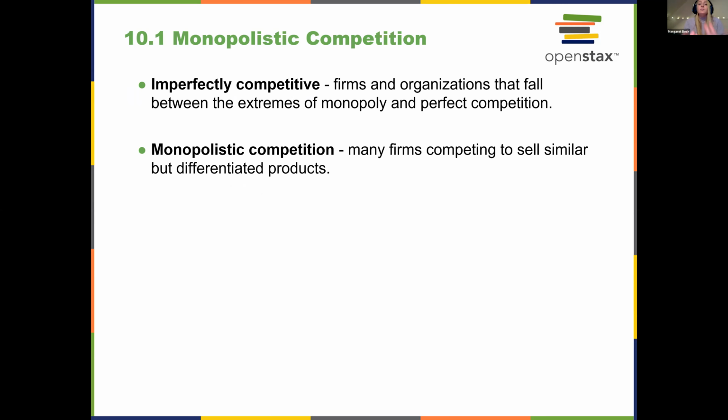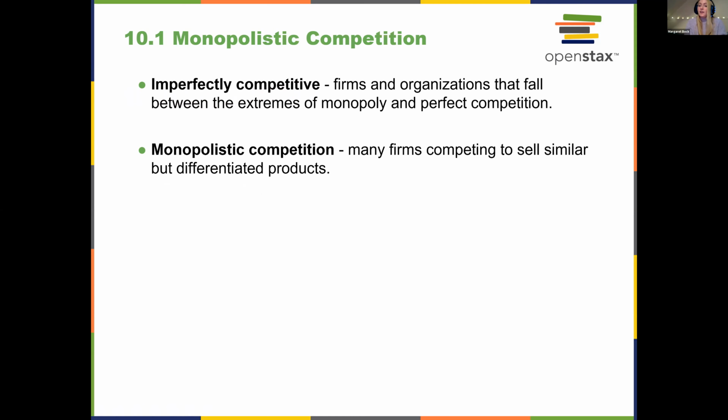But it's important to note again that both of these different types of market structures fall under a category I guess we can define as imperfectly competitive. So firms and organizations that fall between the extremes of monopoly and perfect competition.